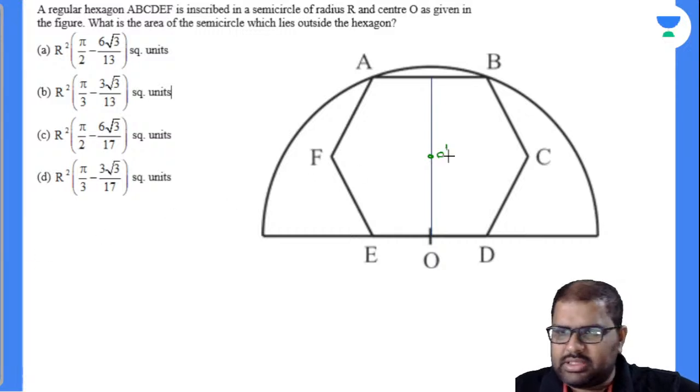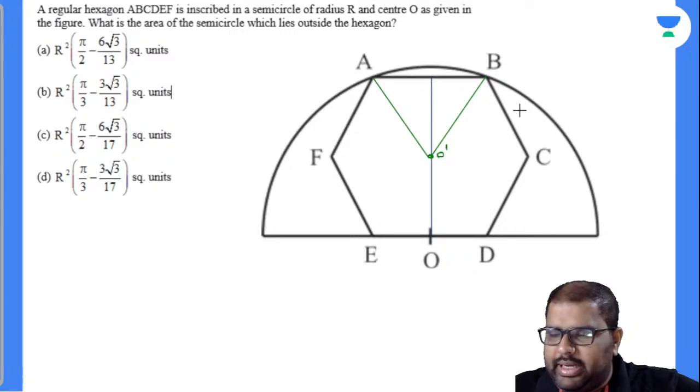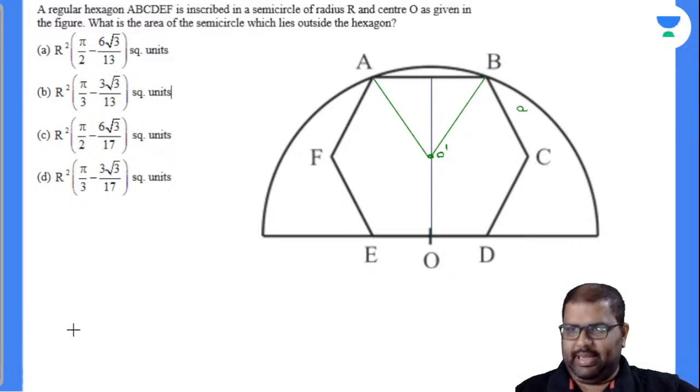From the center of the hexagon, as I said, it can be divided into 6 equilateral triangles. All the line segments AB, BO dash, AO dash will be equal. So I will take my BC line segment as a.